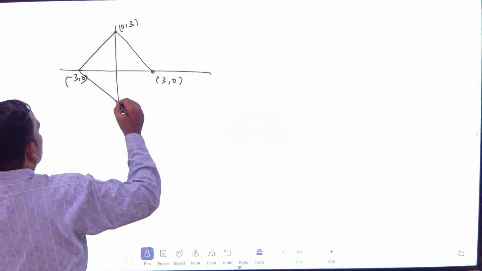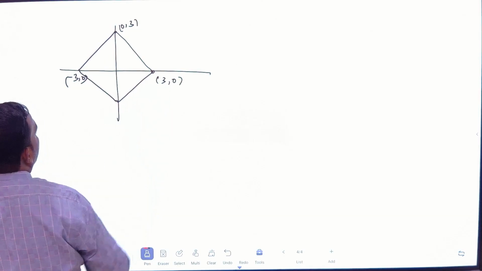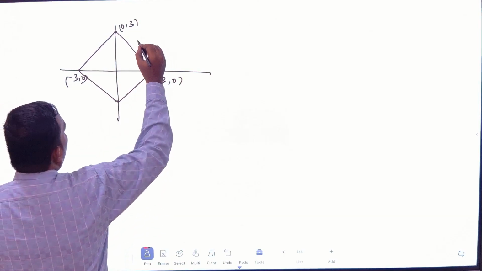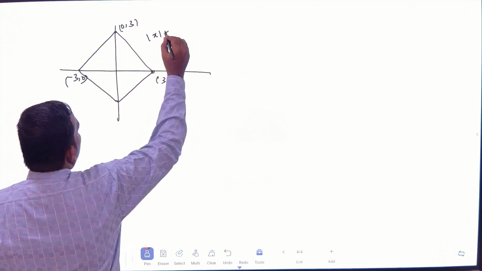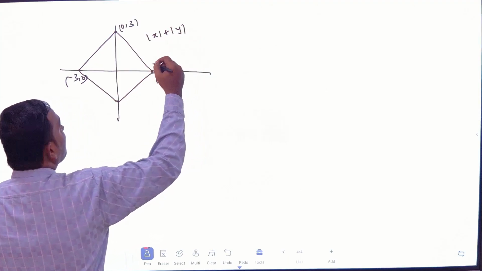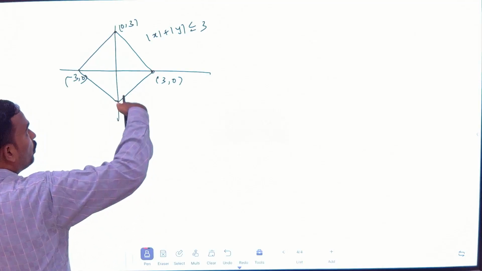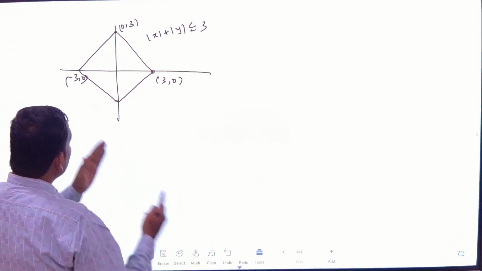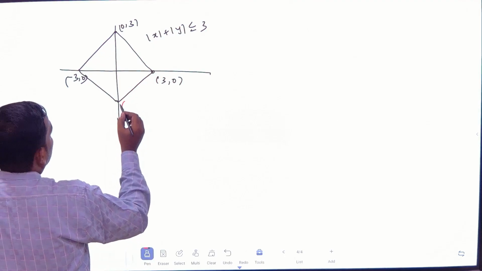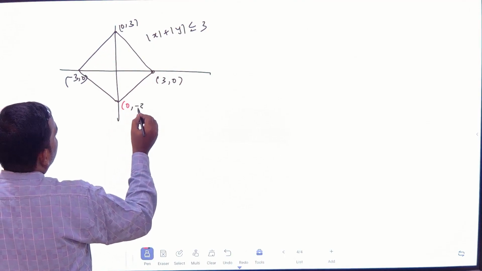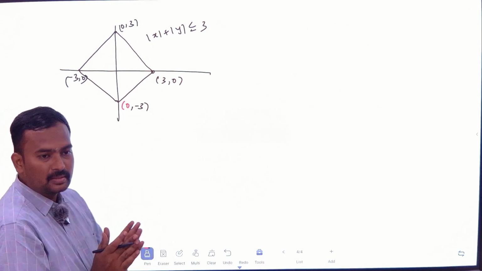So you can see this is your graph of mod x plus mod y less than or equal to 3. Less than or equal to means the boundary and inside the region also you have to take, right. This is 0 comma minus 3. These are the boundary, right.